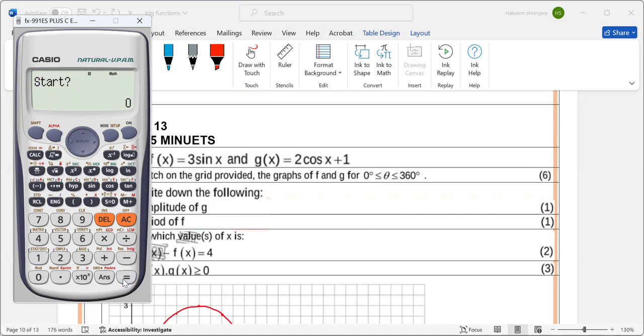Equals to, we still start at 0. Yes. We are going to end at 360. The step is still 30.